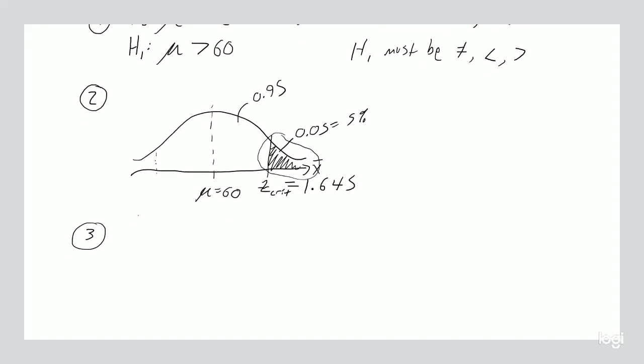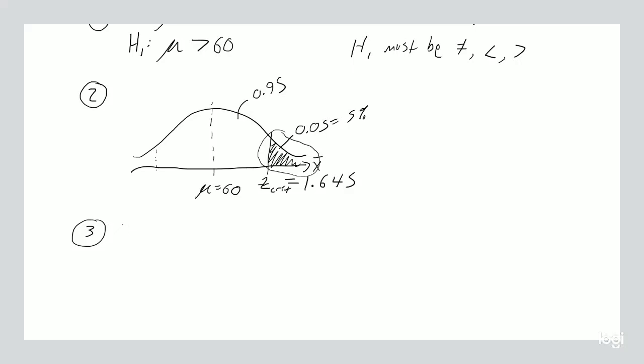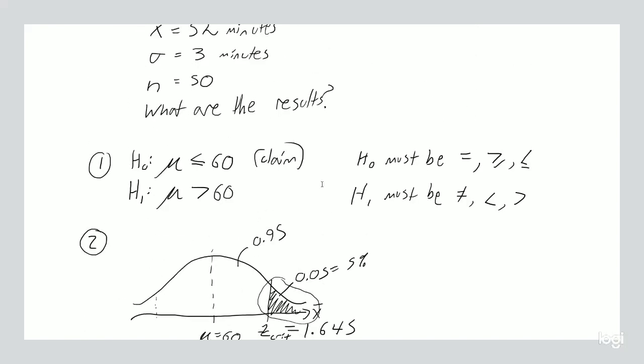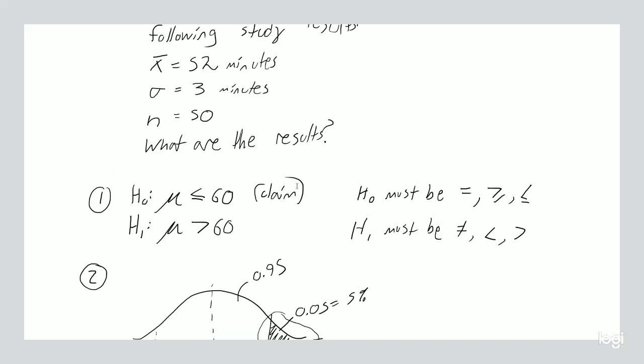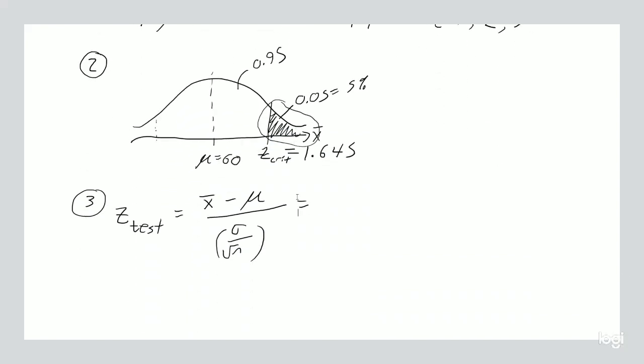Step 3 is we calculate our test statistic, which is just the sample mean on the Z scale. Okay, we fill in these values. So our sample mean is 52. Standard deviation 3, sample size is 50.